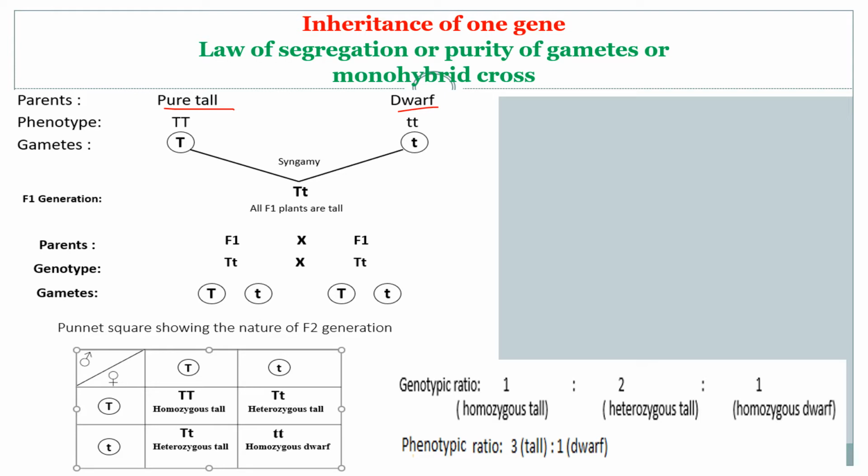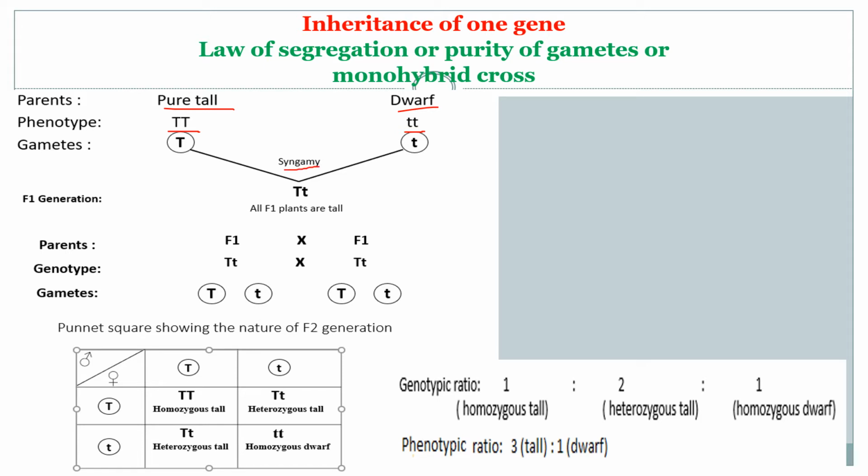The genotype of these parents can be written as capital T, and for dwarfness we can write small t. When they produce gametes, the gametes should be encircled like this. The T will be taken from this and small t will be taken from this. And syngamy, also known as fertilization.